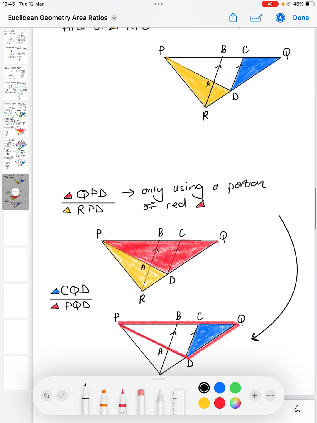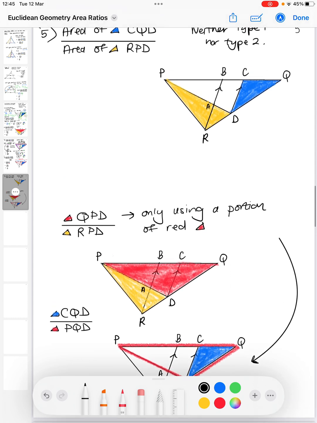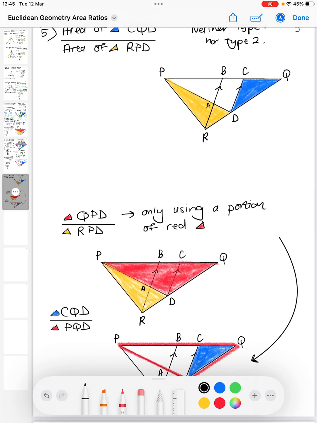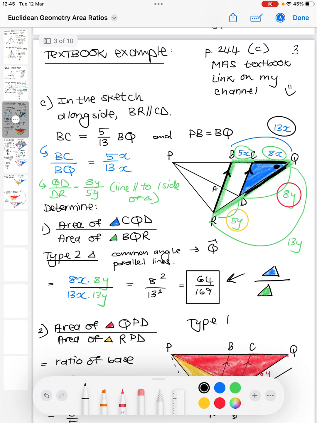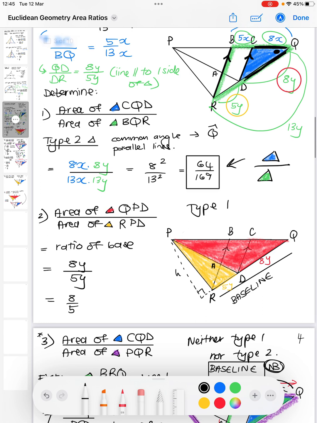Something that I want you to remember is that in a previous question, I think this was question, let me just quickly pop back, it was question 2. In question 2, we found the ratio of red over yellow, and the ratio of red over yellow was 8 over 5.